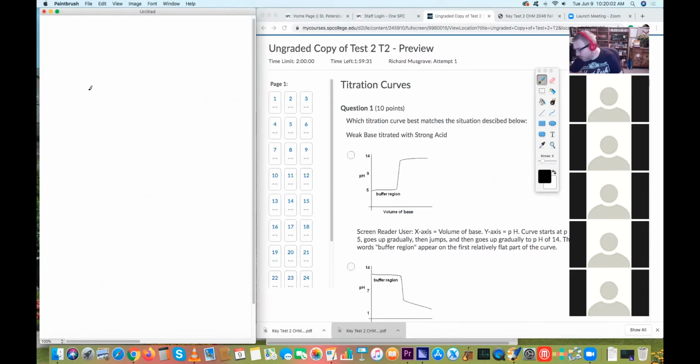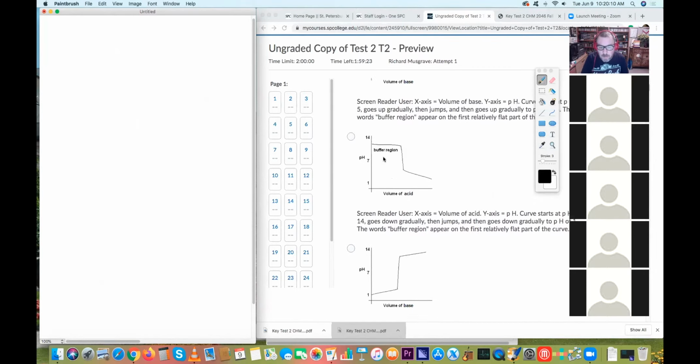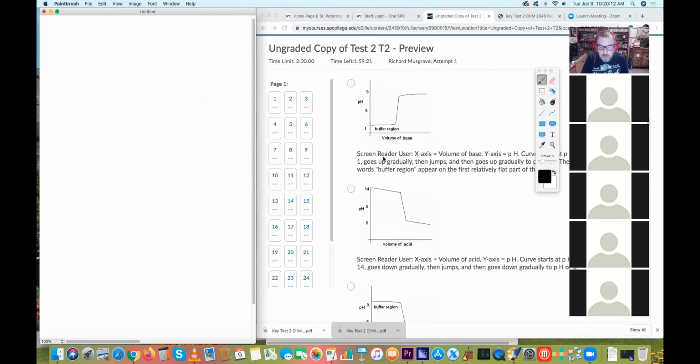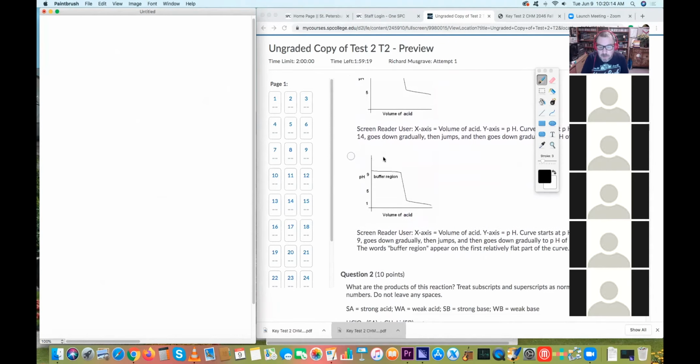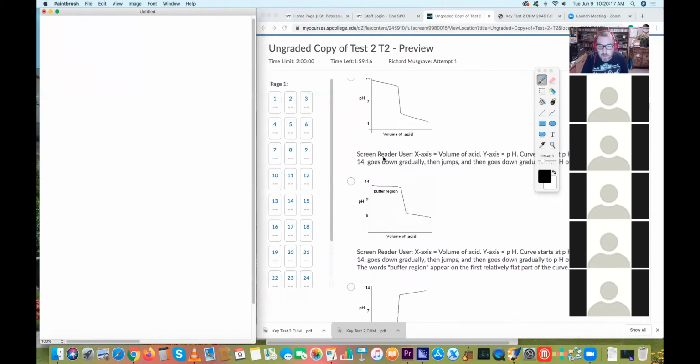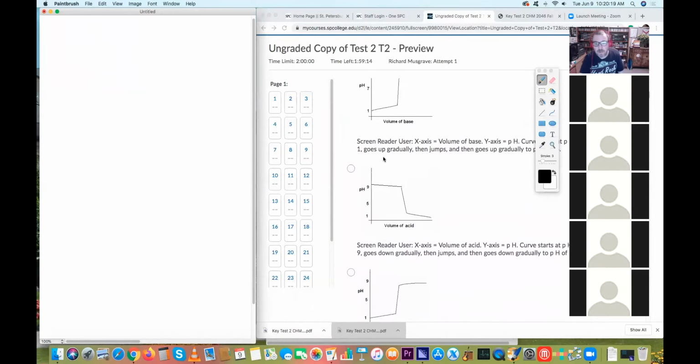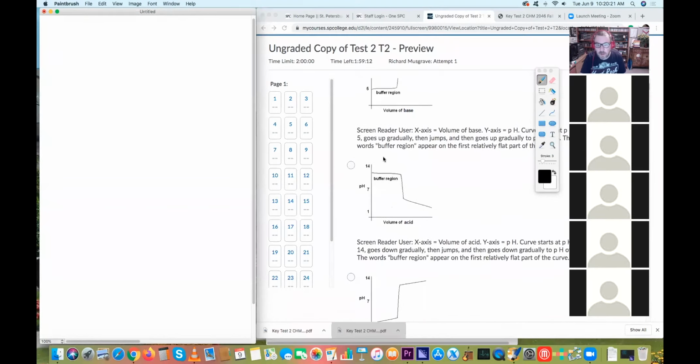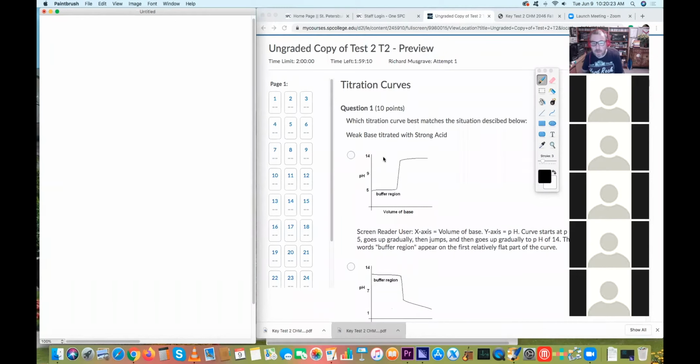And then you can match it to whatever you see in these diagrams. And as you can see, there's a lot of them here. There's a lot of different choices. And some of them have buffer regions and some of them don't as well. So it's important to be understanding where this is going. So a little bit of just a picture, just to give you an idea of what's going on. It says weak base titrated with strong acid.